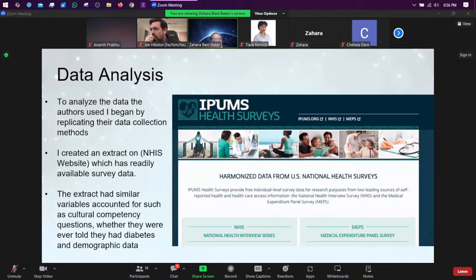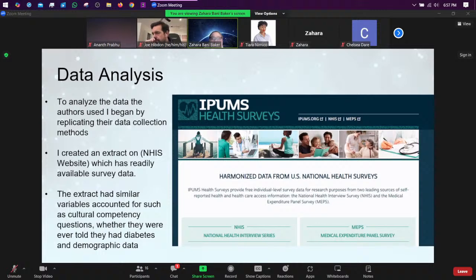The researchers from the study I chose analyzed data from the 2017 National Health Survey. This data is readily available on this website that I'm showing right here. The extract I created had similar variables to their variables, and I calculated two differences.